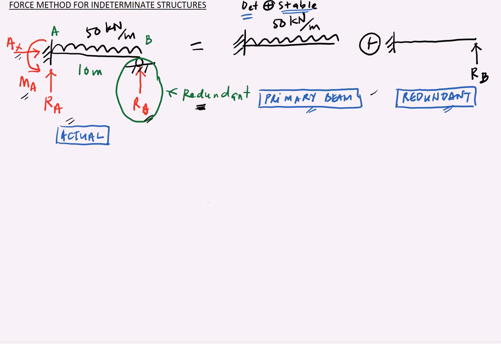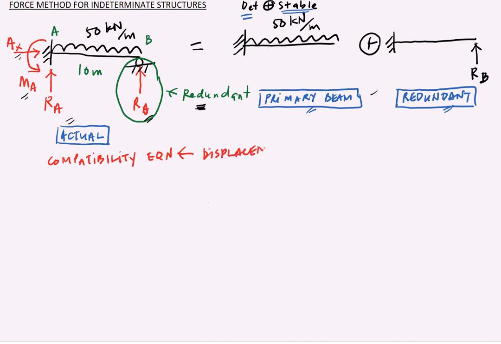So then we need to come out with our compatibility equation. The compatibility equation, as I mentioned before, is the other equation that you need to introduce to solve for the number of unknowns. The compatibility equation in this case is compatibility of displacement.